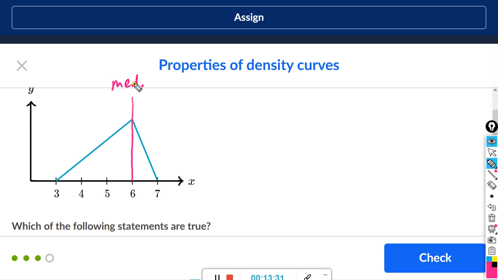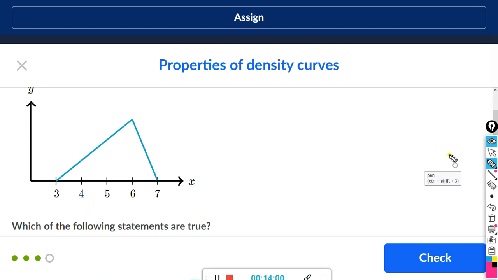So let's see if 6 is the median. If 6 were the halfway point, the area of this section of the triangle, remember the whole triangle's area equals 1, so the area of this section would be 1/2. And the area of this section would be 1/2 if 6 were the median. So let's see if that's true.